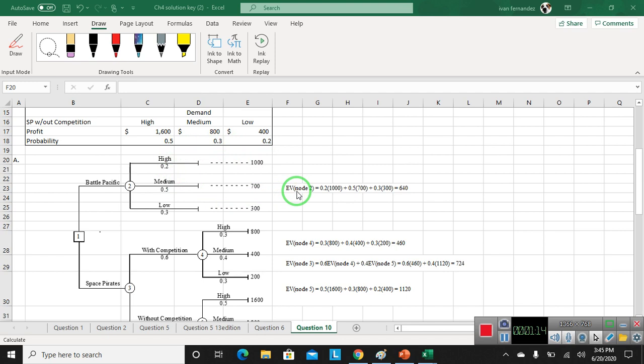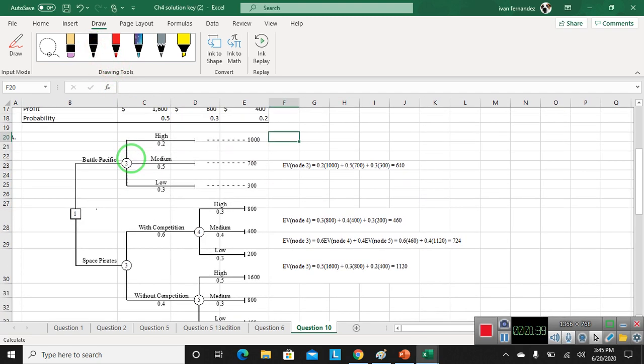So for node 2, the expected value is going to be 0.2 times 1,000 plus 0.5 times 700 plus 0.3 times 300. So the expected value at chance node number 2 is 640. So that's what we have.